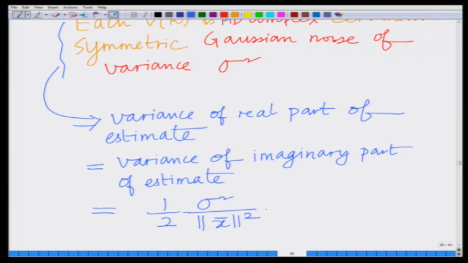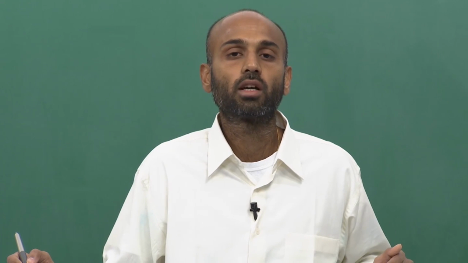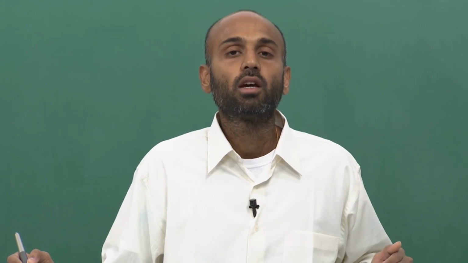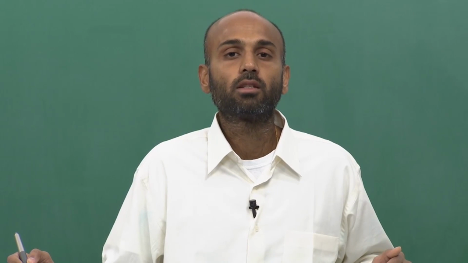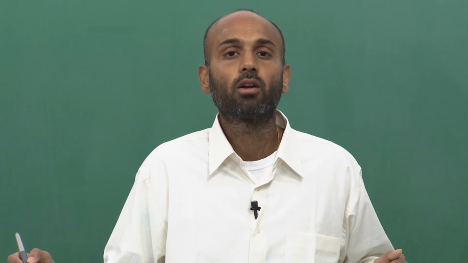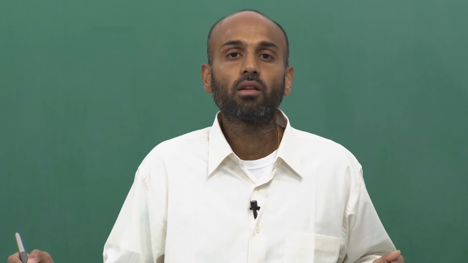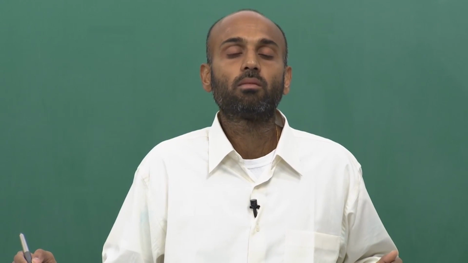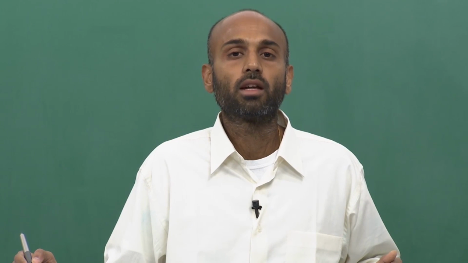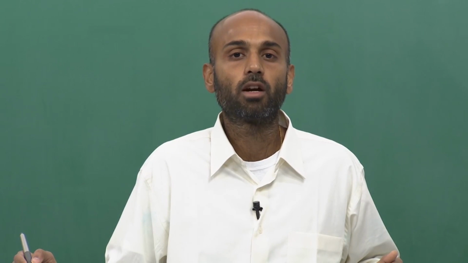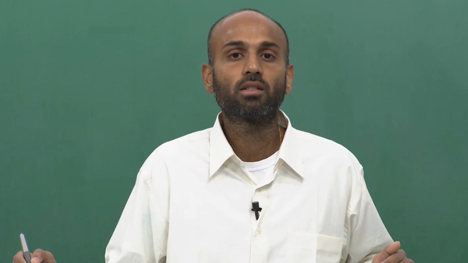So, what we are saying is that it can be extended to a complex parameter h, that is, the complex baseband channel coefficient h, in a straightforward manner. First, the channel estimate h hat is x bar Hermitian y bar divided by norm x bar square, and further the variance of estimation of the complex parameter h hat is sigma square divided by norm x bar square, that remains unchanged.